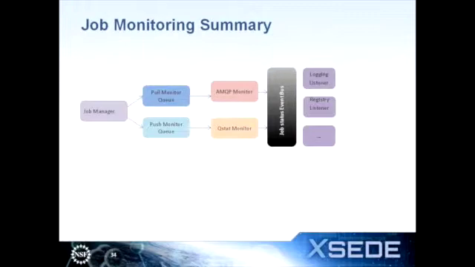If you have a job, you just create the required information and put that job into one of these queues. It could be pull or push, and that decision has to be taken by the gateway developer. Once you put a job into one of these queues, these monitors pick each and every job one at a time and start monitoring.